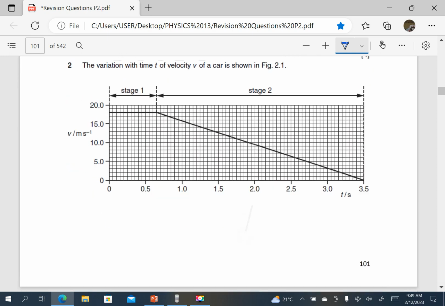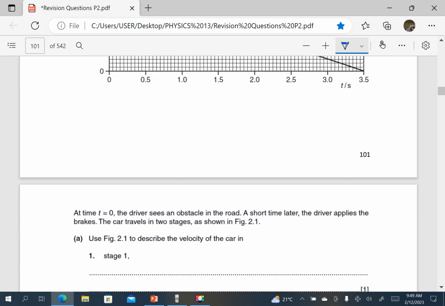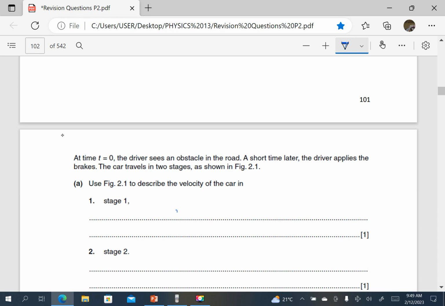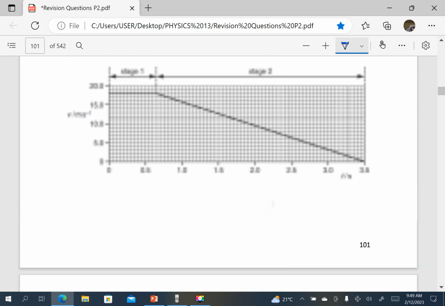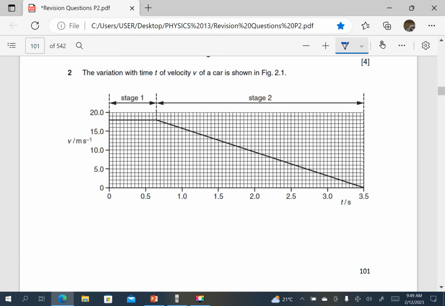So stage 1, you see that the velocity is constant. So that is constant speed or constant velocity. Stage 2, the velocity is decreasing, but is decreasing uniformly.